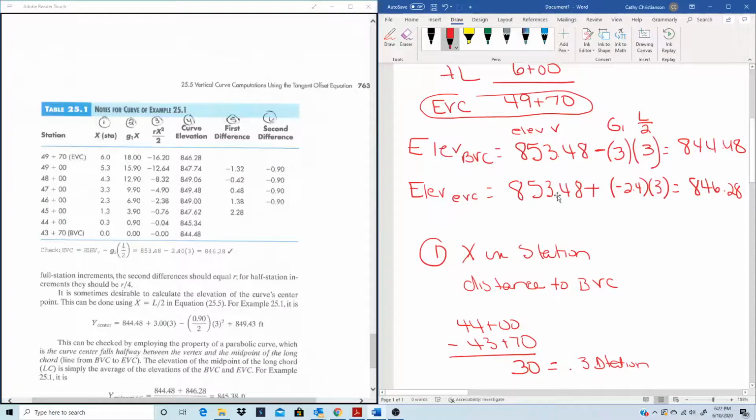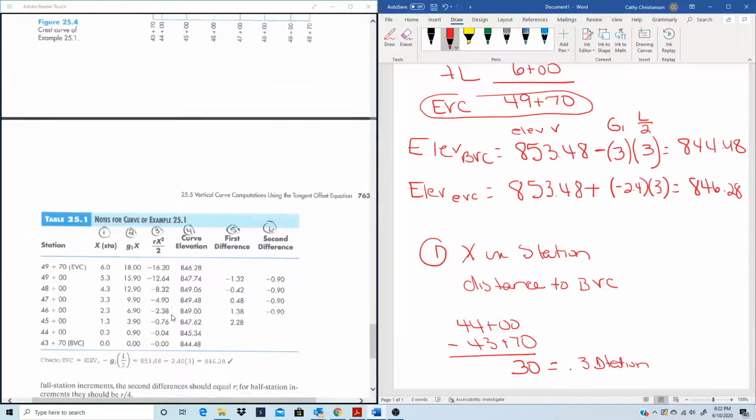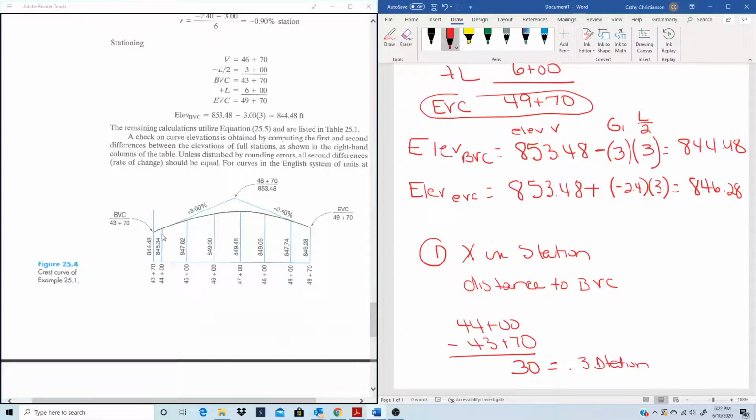So I did it by the straight line grade, and then we did it by using the notes for the curve. So these elevations, what we're calculating is what the vertical curve grade is right here. It's given us the grades for the curve.